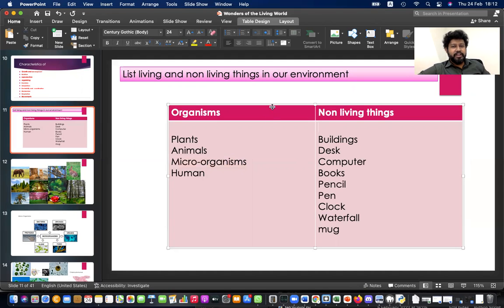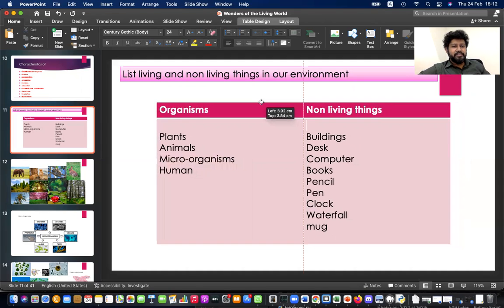Okay, so you can write this down today. Please write down this question: list living and non-living things in our environment. Then draw this table.